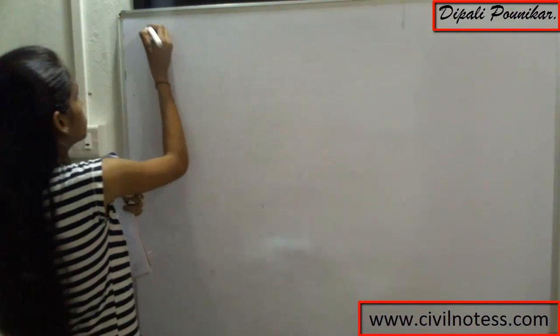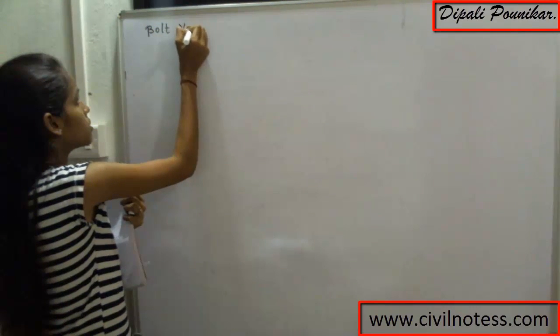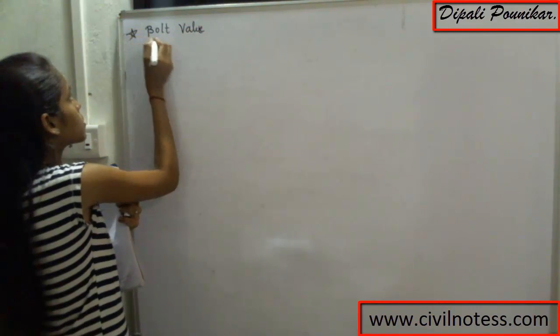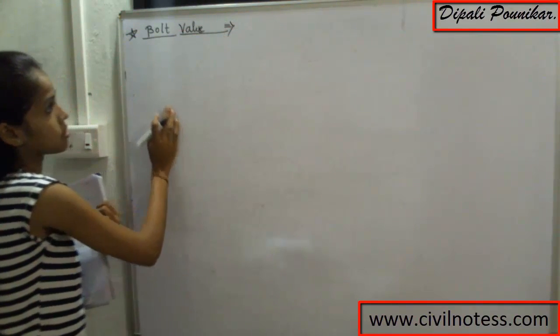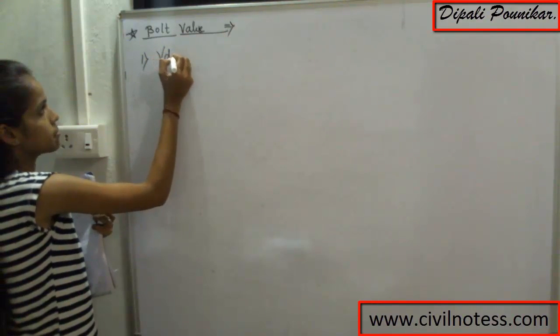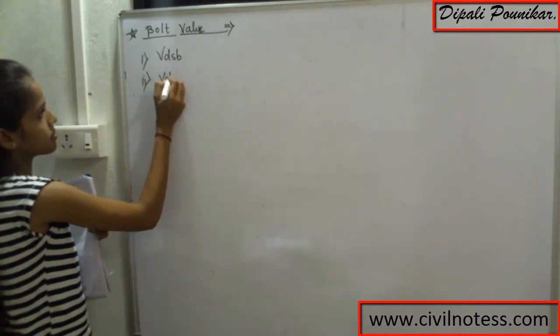The bolt value is calculated by two formulas. The first one is Vdsb and the second one is Vdpb.